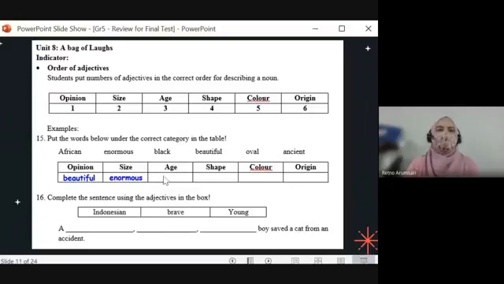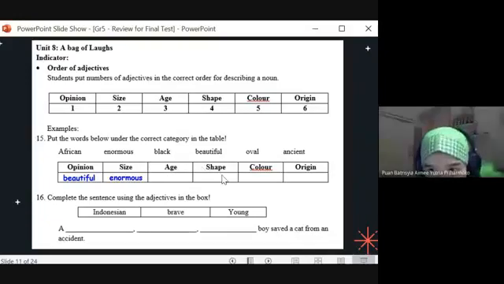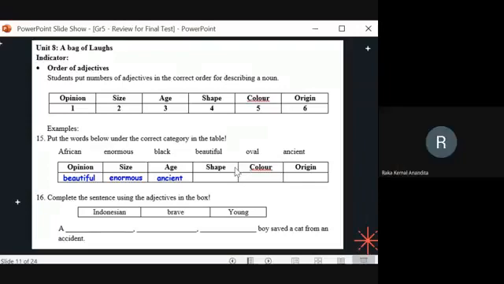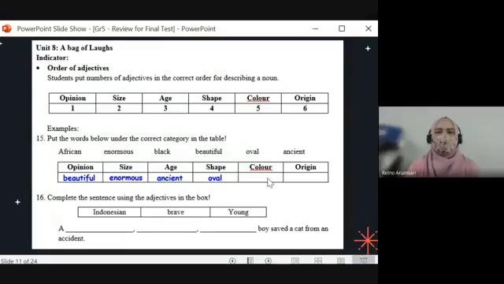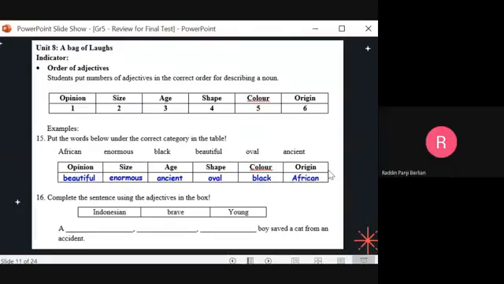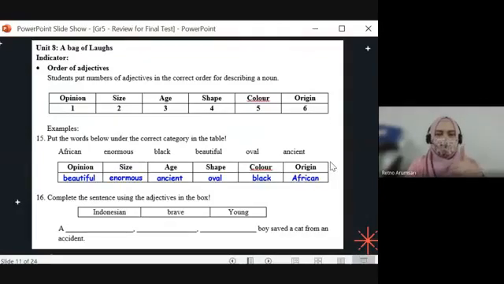What about age? Ancient. Yes, that's right. Ancient is very, very old. What belongs to shape? Oval. Yes. And what belongs to color? Black. And what belongs to origin? African. Well done, 5C.